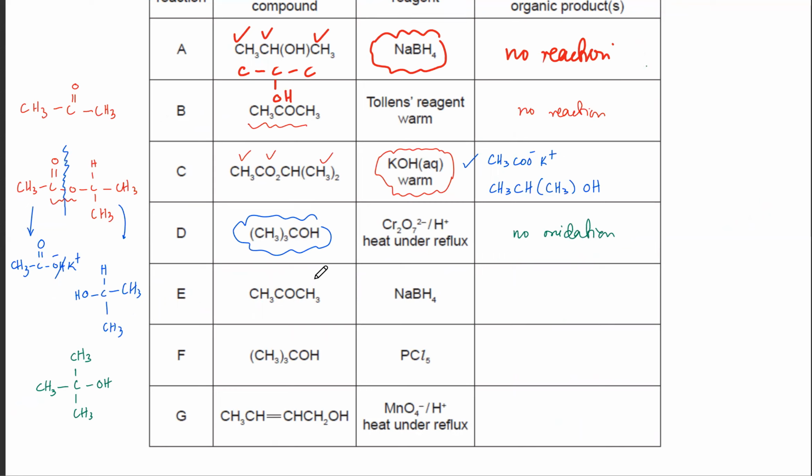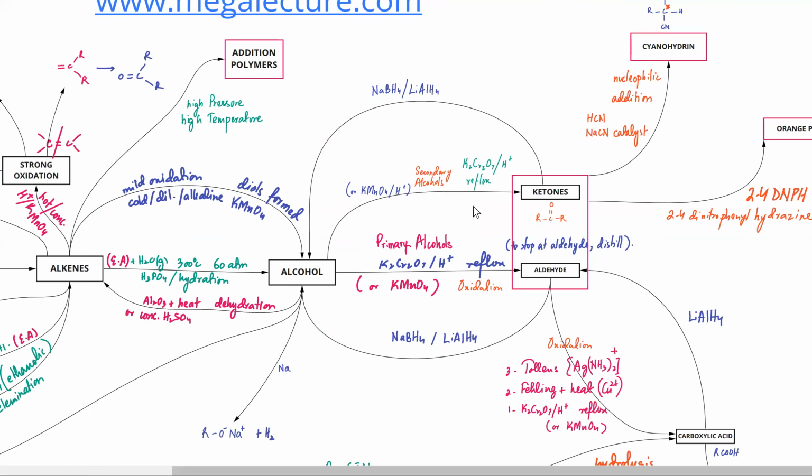Then let's talk about this one, option E. That's a ketone because it's CH3, the middle C is double bonded to O, and then you've got another CH3. You're reacting it with NaBH4. So what's going to happen? When you react the ketone with NaBH4, it's going to get reduced back to an alcohol.